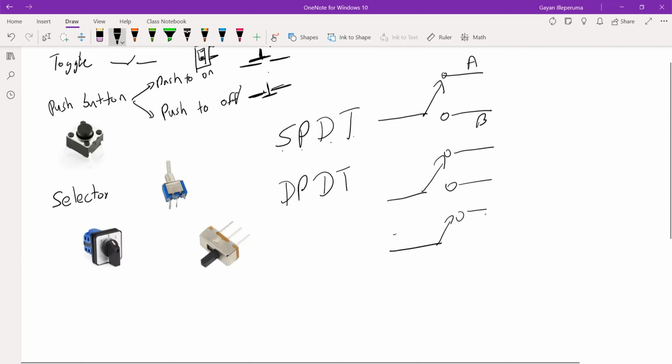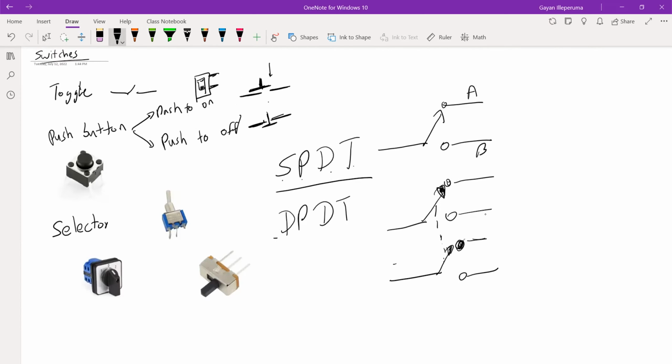Something like this. The important fact is both of these switches work together. So when you put it to the top selector, both poles connect to the top connector. When you put it to the bottom, both connect to the bottom connector.